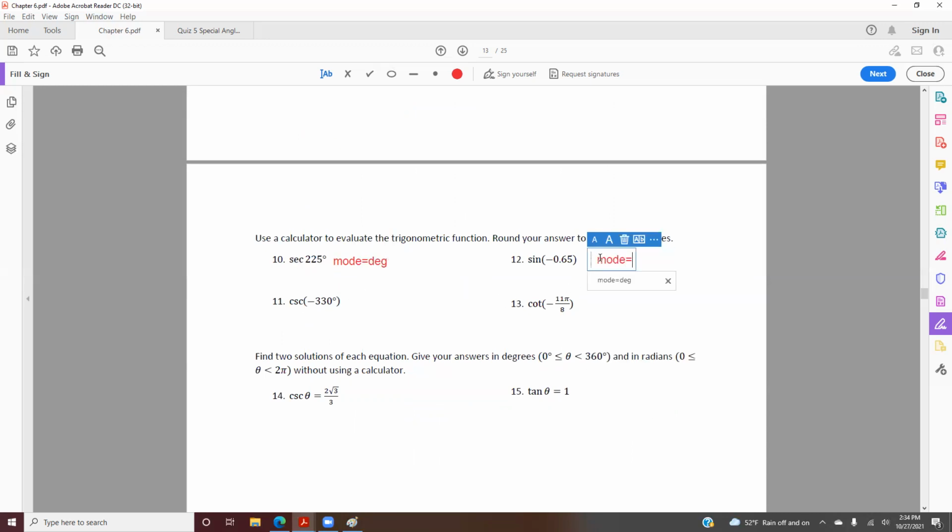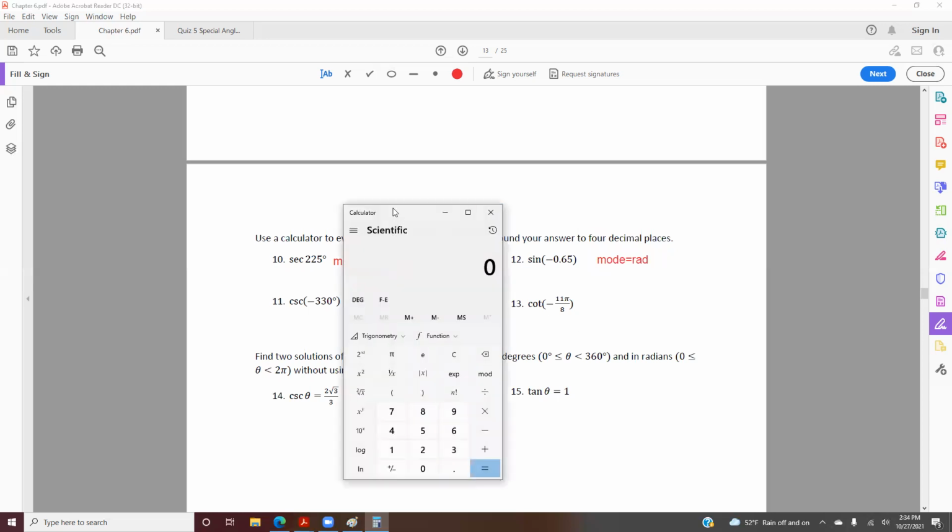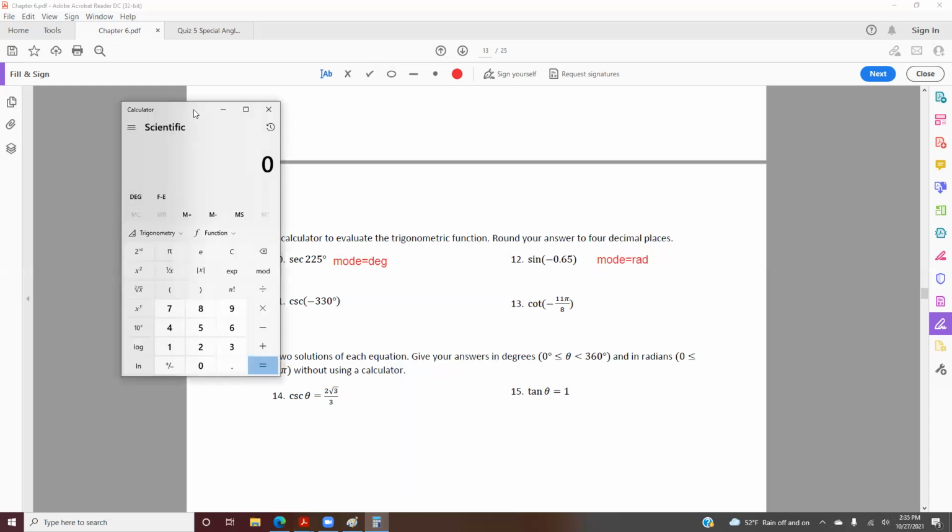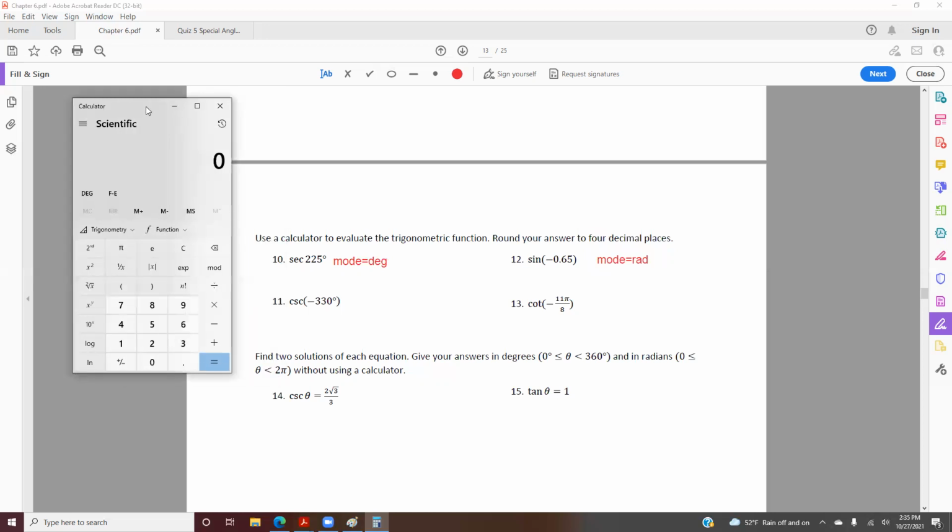And if you don't see degree, make sure your mode is set in radian. Every calculator has a different mode change. So like here, if you see DEG, it is degree. For this one it's easy, I just tap on there and it will change to degree or radian. We don't use GRAD, which is gradient. We don't use that. So only degree and radian. So make sure you know which one to use.